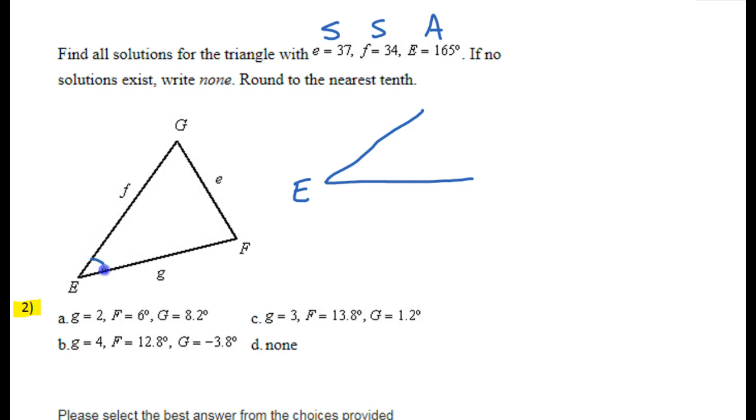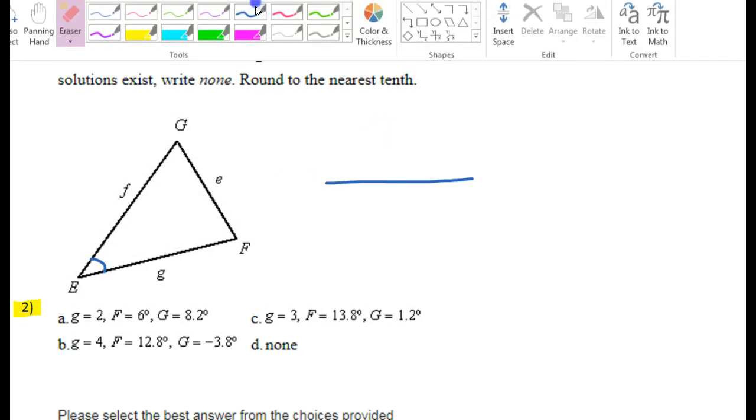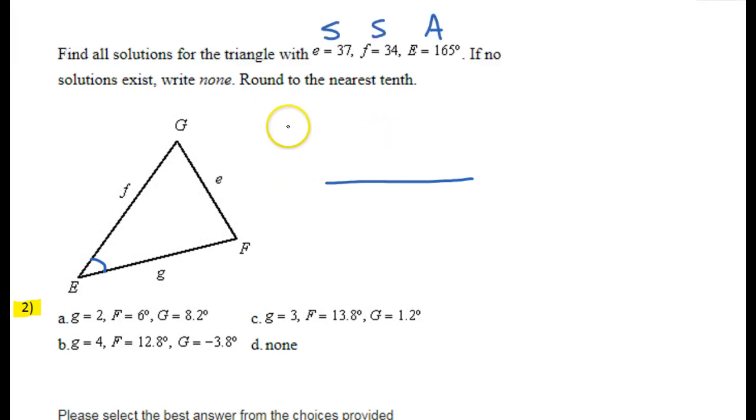So really this picture right here is misleading, because they drew it as an acute angle. That's another reason to draw your own picture, because E is an obtuse angle. So this is E right there.